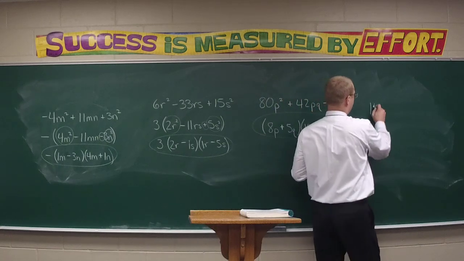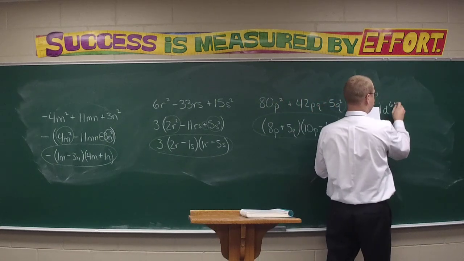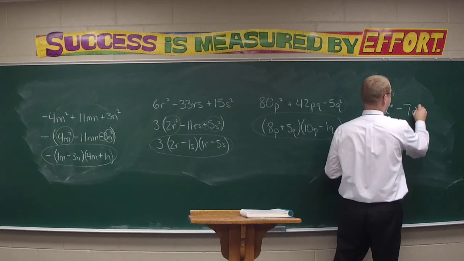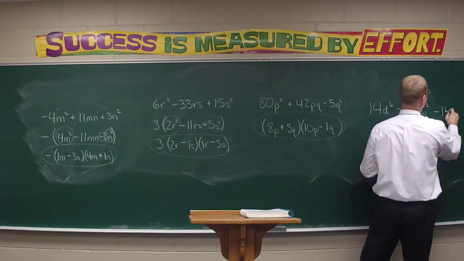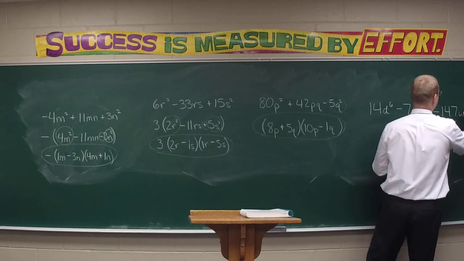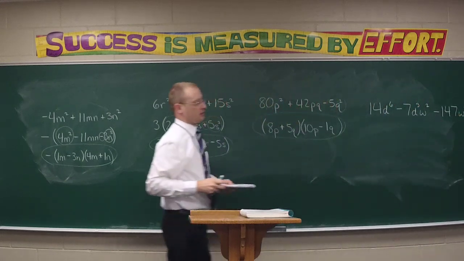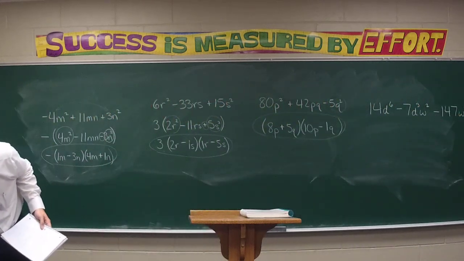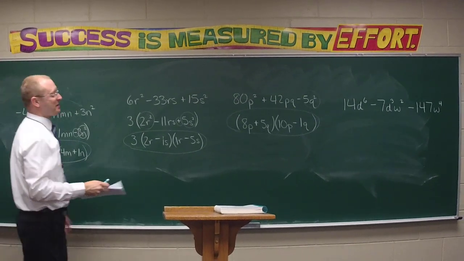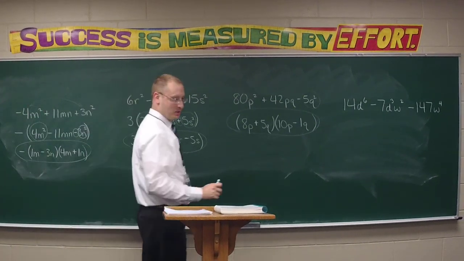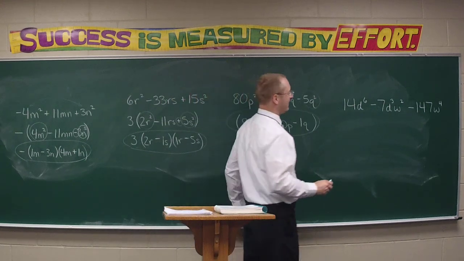Write this one down. 14d to the 6th, negative 7d cubed w squared, negative 147 w to the 4th. Let's go to Audrey.